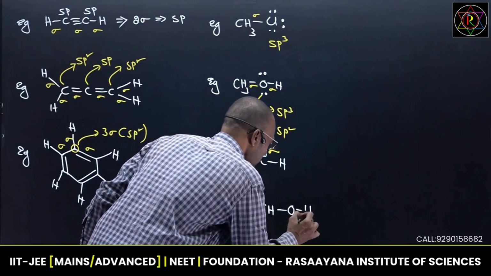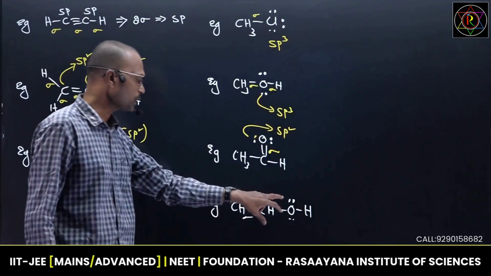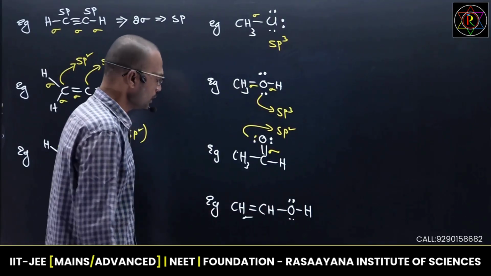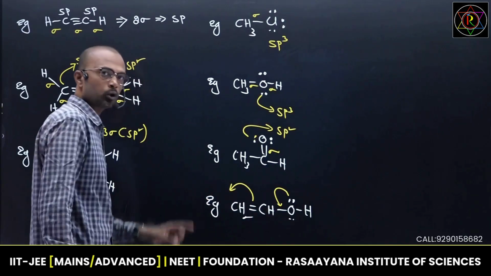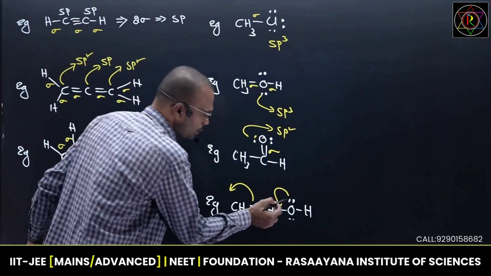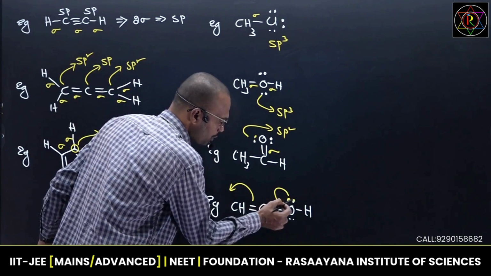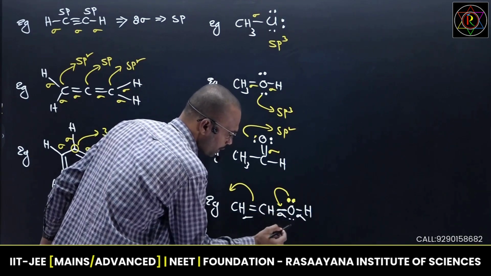Now see, if any one particular element in which conjugation is present, see this lone pair is conjugate to this double bond. If it is conjugate to double bond, one lone pair is involved in delocalization, so that lone pair should not be considered in calculation of hybridization. So I can ignore this lone pair. One lone pair you need to ignore, remaining 3 you need to count. Here sigma, sigma and one lone pair.